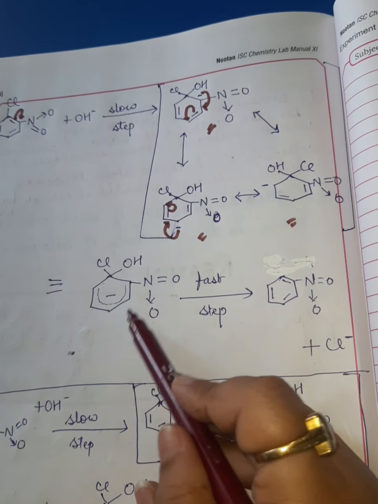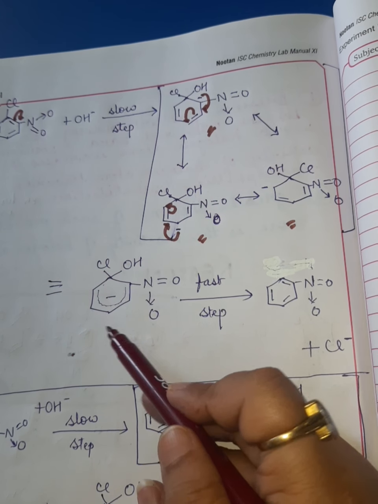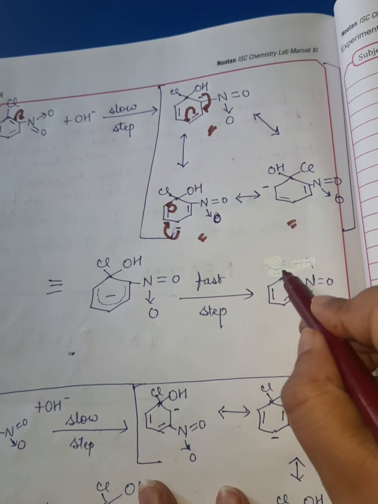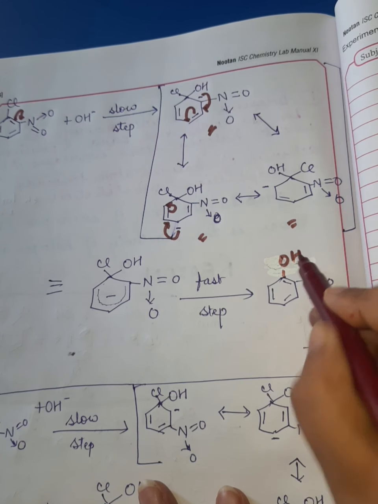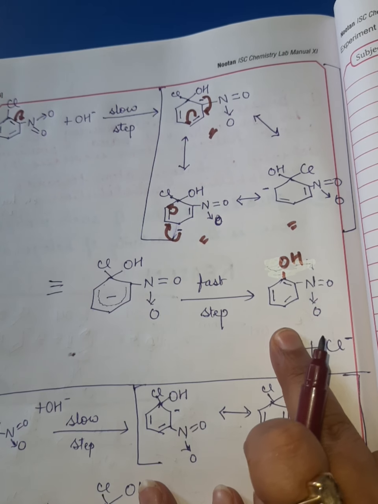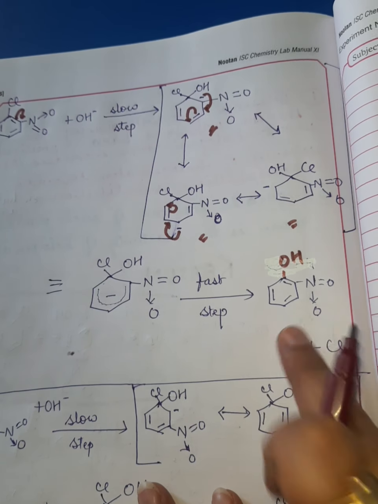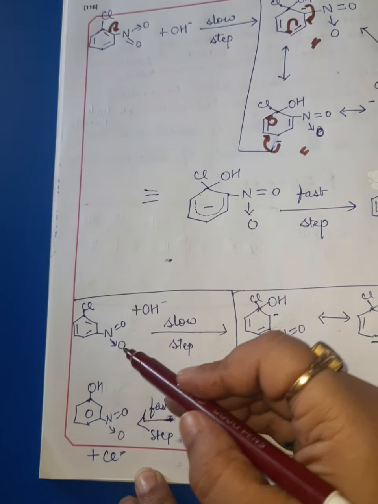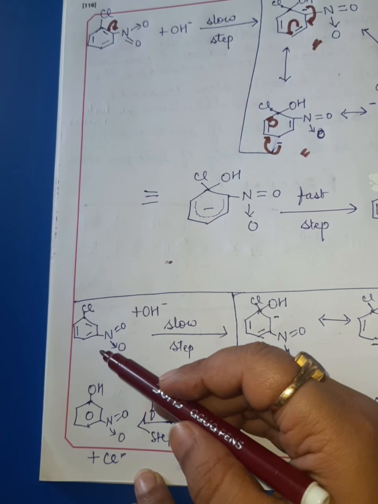Now once this carbanion is formed, it undergoes a fast step where OH replaces Cl minus, and this becomes the final product. Now what if the nitro group is present at the meta position?